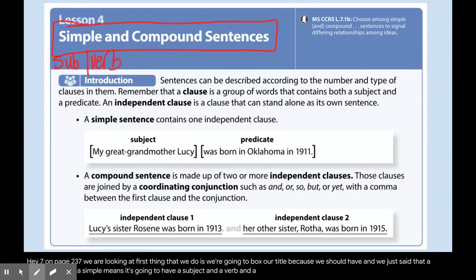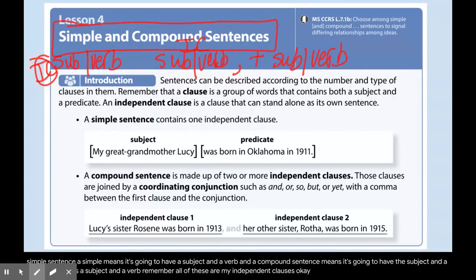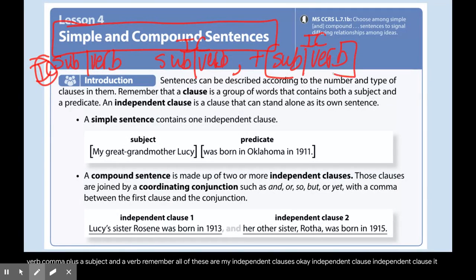And a compound sentence means it's going to have a subject and a verb, comma, plus a subject and a verb. Remember, all of these are my independent clauses, okay? Independent clause, independent clause. It can stand alone. It does not need any help, right?